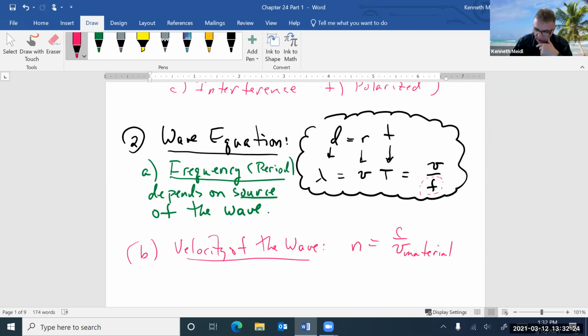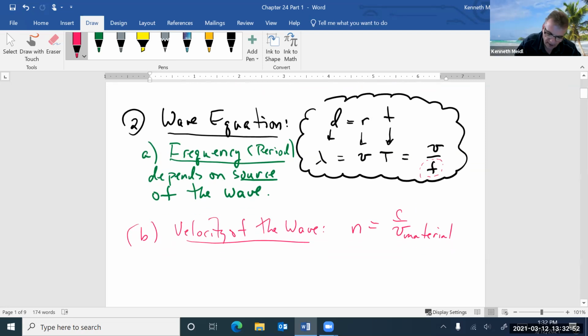And so, the velocity in the material is really dependent on the stuff, right? What the wave is going through. And that's what the index is trying to tell us. It's trying to tell us that different transparent materials will have different velocities that it allows the wave to go through, because there's this absorption of the wave and then this reemission of the wave. And so it slows down the waves from going their normal speed in vacuum. And so it slows them down a little bit.